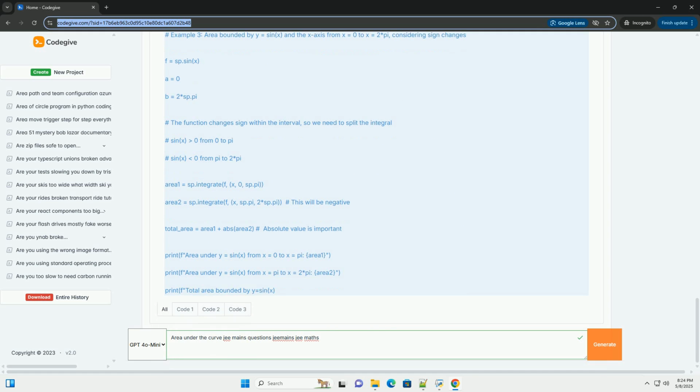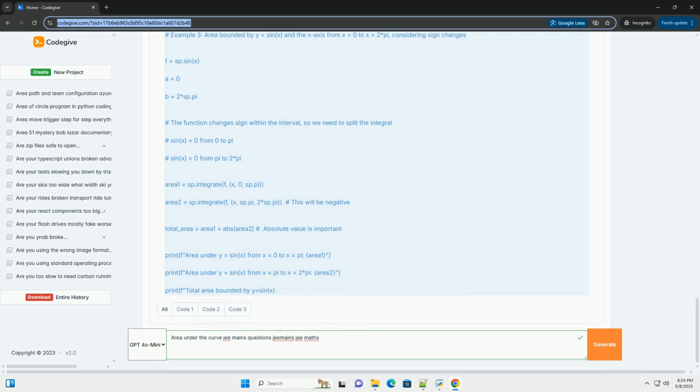If f(x) and g(x) intersect within the interval [a, b], you need to divide the integral into subintervals where f(x) ≥ g(x) or g(x) ≥ f(x), and take the sum of the absolute values of the integrals over those subintervals.